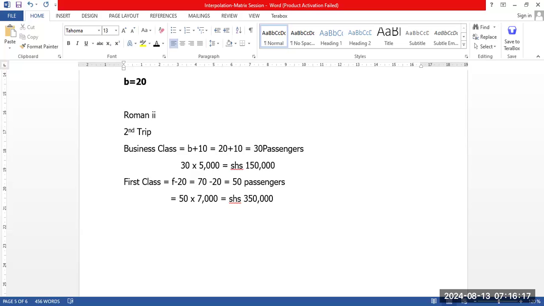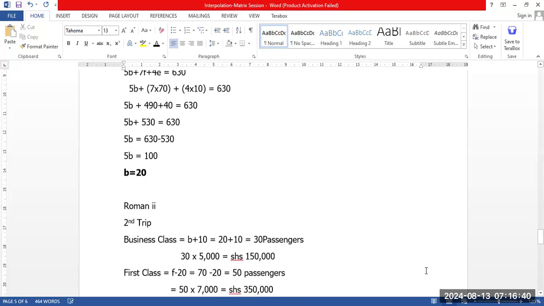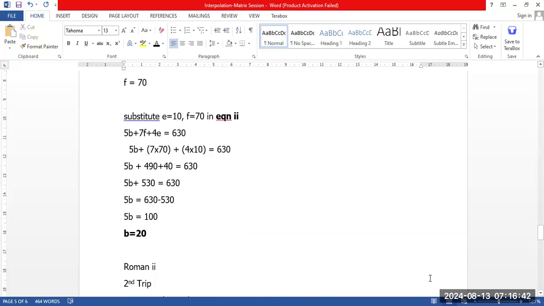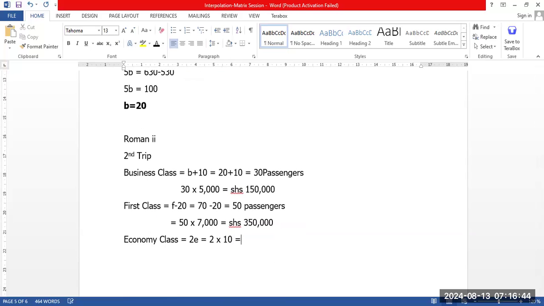We do the same for the next class, which is economy class. With economy class, they told us the passengers will be double. So E is 2 times what was our E? Was 10. Yes. So this is 20 passengers.